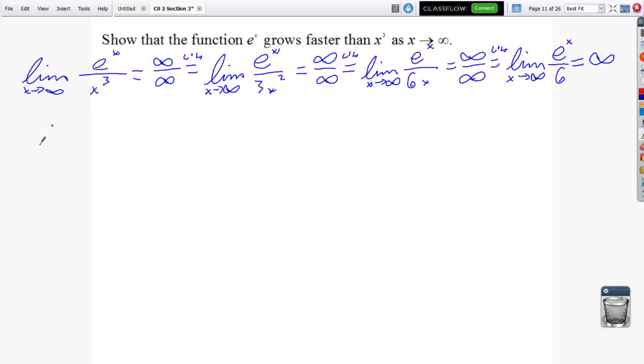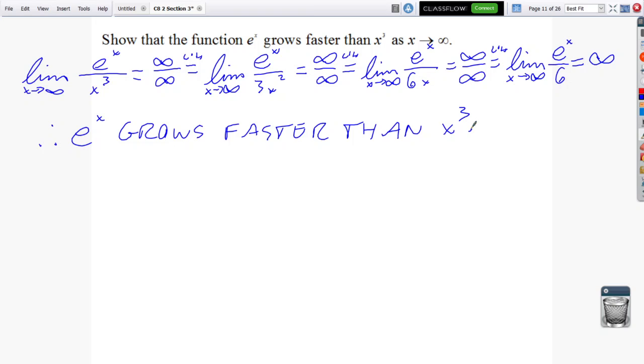So therefore, e to the x grows faster than x cubed. Now, since we are answering a question, you don't want to be a jerk. Try to answer your question in the form of a sentence.